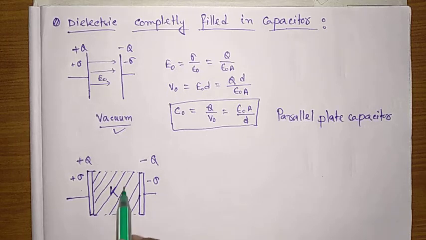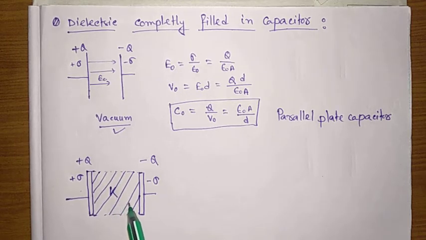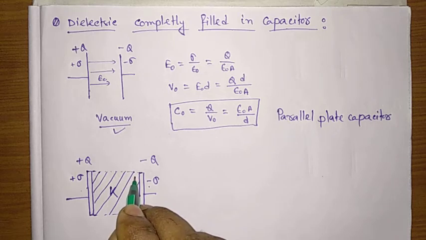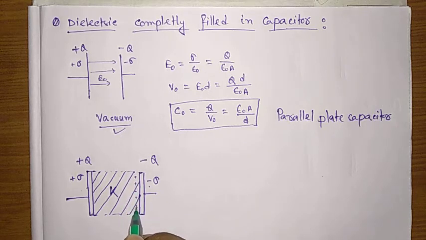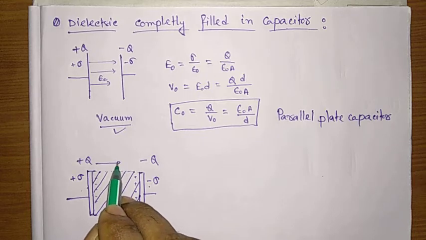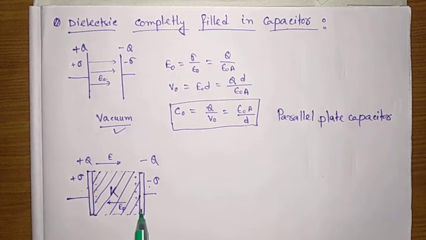So when we introduce a dielectric inside the parallel plate capacitor, an electric field is generated inside the dielectric opposite to the electric field from positive Q to negative Q. It creates positive charge on one side and negative charge on the other, and the electric field generated by the dielectric, EP, is less than the electric field E naught due to the parallel plate capacitor.